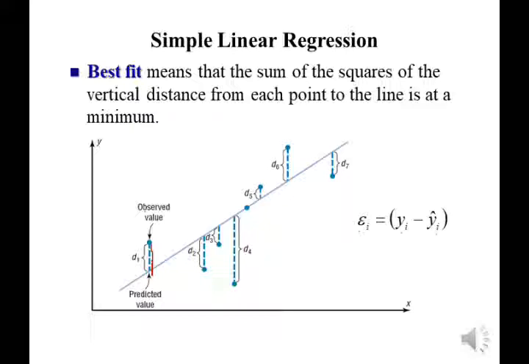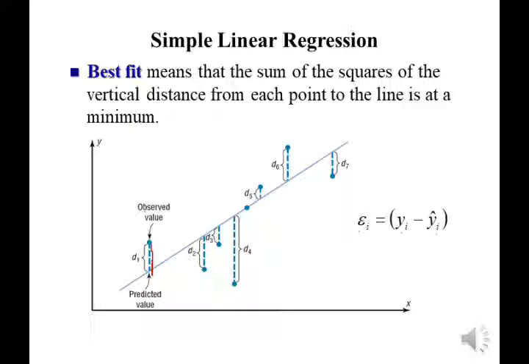So as we said, the line of best fit is simply the line for which the sum of the squares of these distances, which are the errors, is the smallest one, the minimum. Okay, these are our notation. y is the observed value, y hat is the predicted value from the line, and this notation epsilon represents the error.